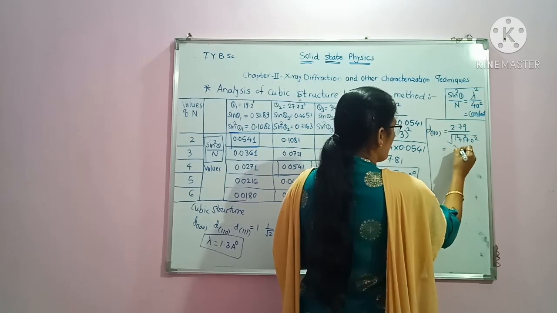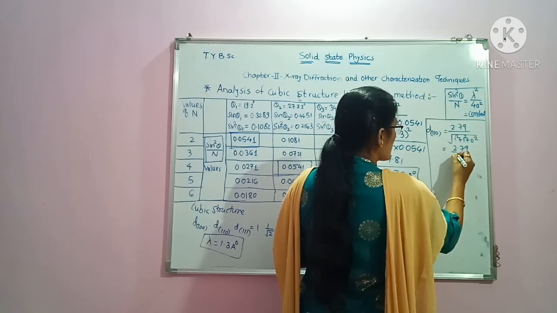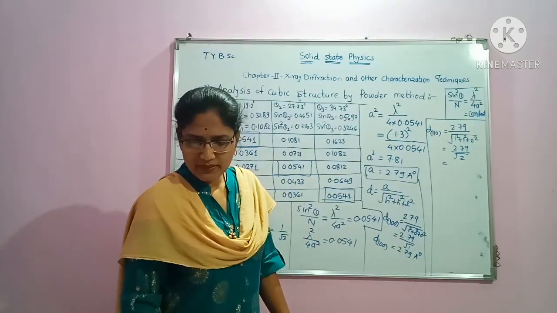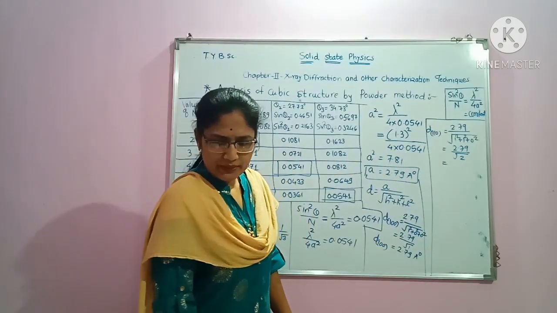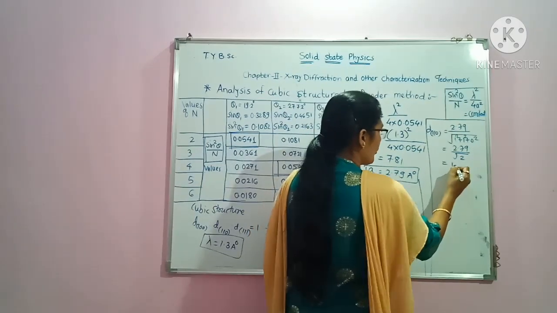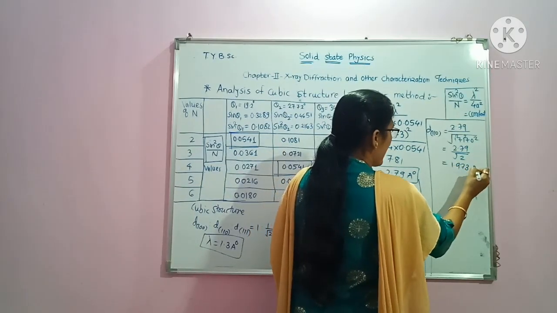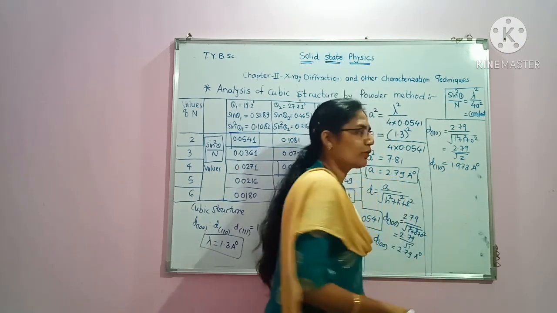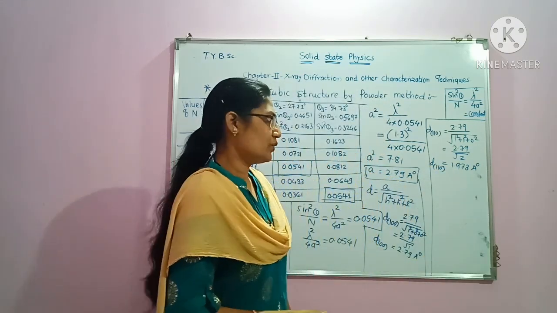It means 2.79 upon square root of 2, and it gives us the value as 1.973 angstrom. This is the interplanar distance value for the set of parallel planes 1 1 0.